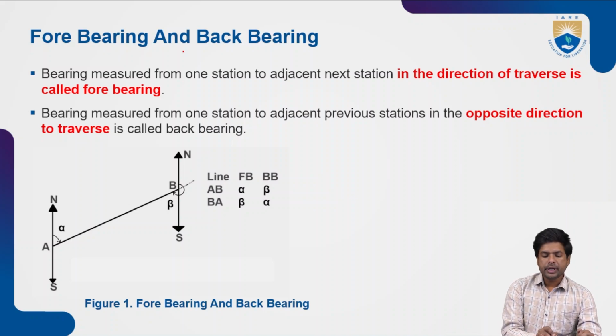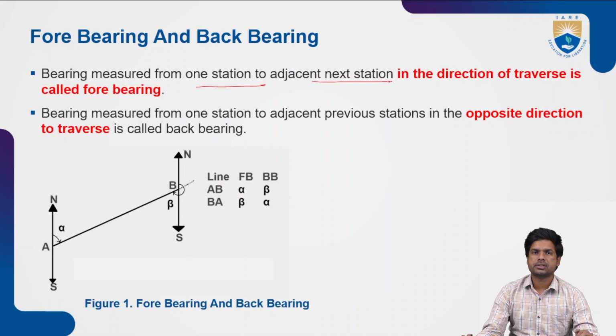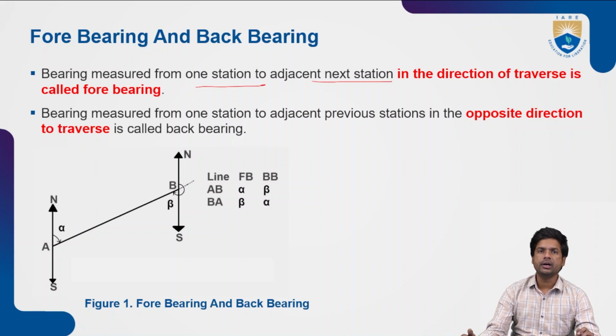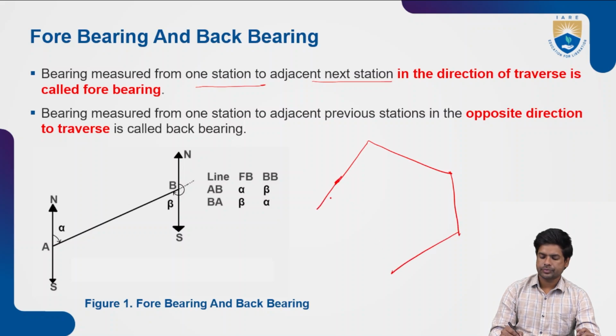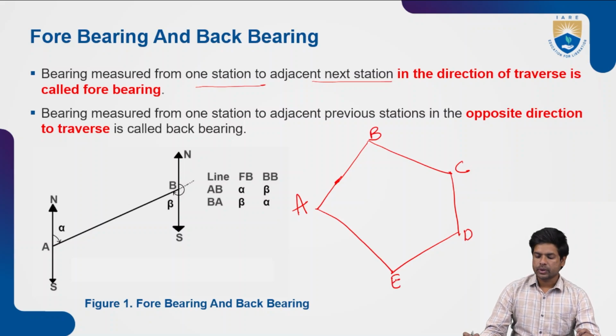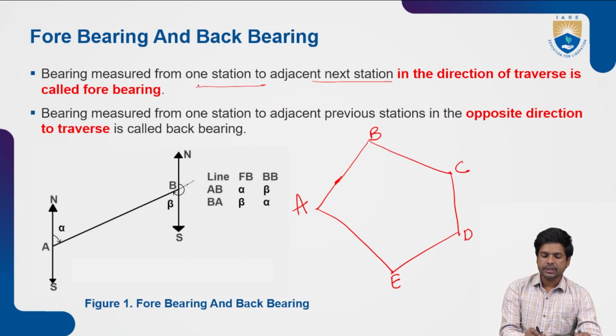Bearing is measured from one station to the adjacent next station. When you prepare a traverse, suppose this is your closed area A, B, C, D and E, this is the closed traverse. The definition of bearing is that it is measured from one station to the adjacent next station in the direction of the traverse.